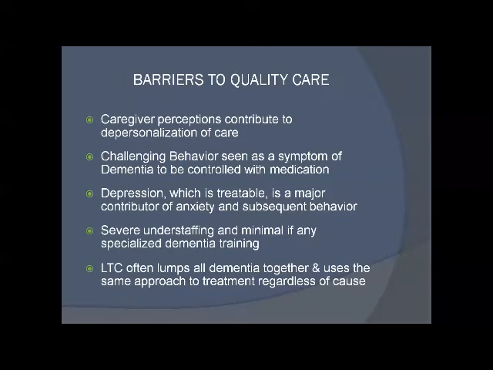And feeling invisible or like somebody doesn't really care about what you feel or think. Severe understaffing and minimal, if any, specialized dementia training is huge. And long-term care lumps all dementia together and uses the same approach to treatment regardless of the cause.